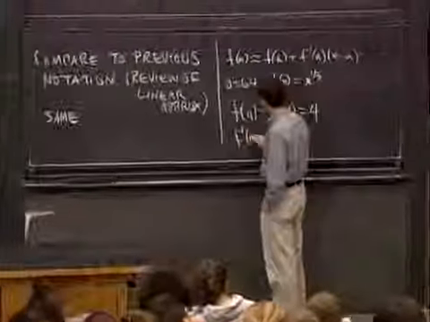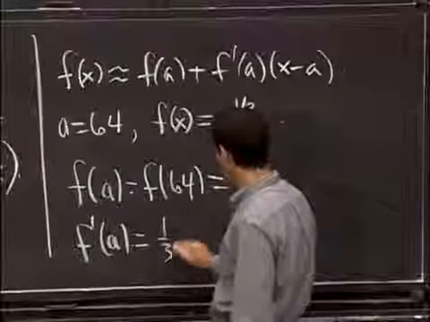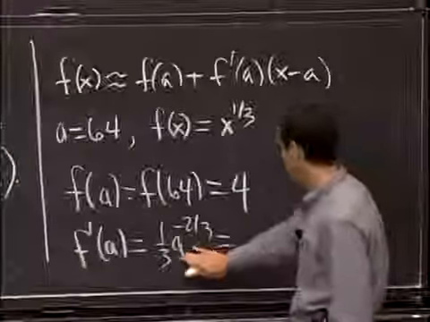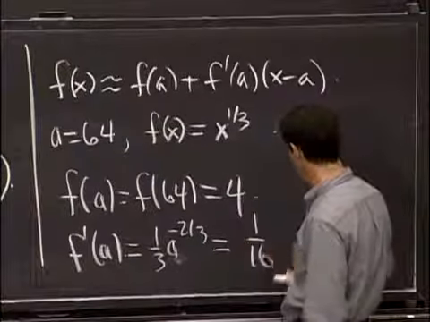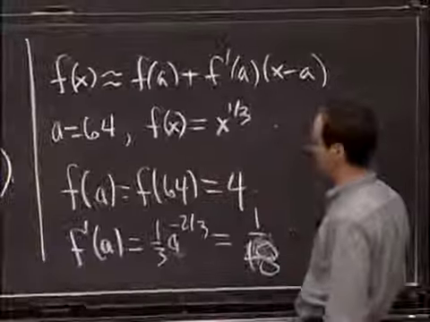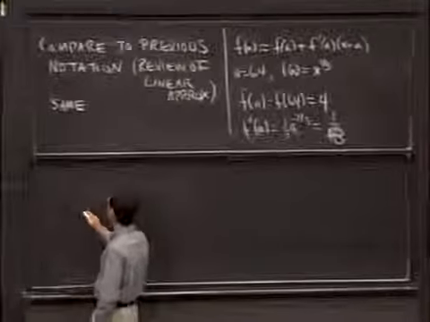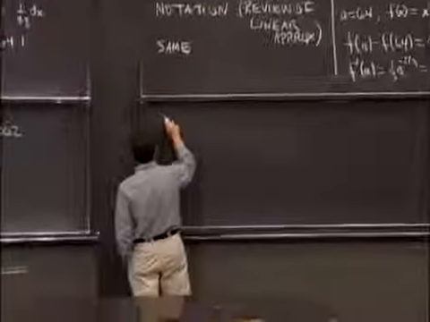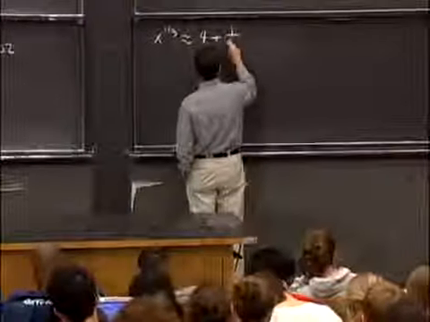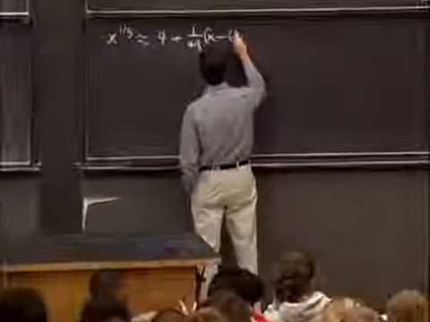And f prime of a, which is 1/3 a to the minus 2/3, is in our case 1/48. That's the same calculation as before. Then our relationship becomes x to the 1/3 is approximately equal to 4 plus 1/48 times x minus a, which is 64.